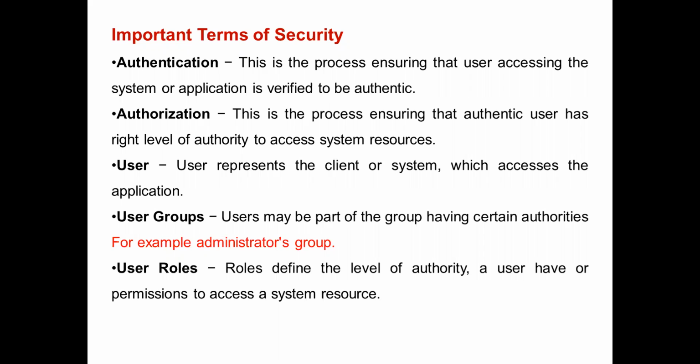So there are different types of roles assigned to give the level of authority. We call these user roles. These are the important terms of using security: authentication, authorization, user groups, and user roles.